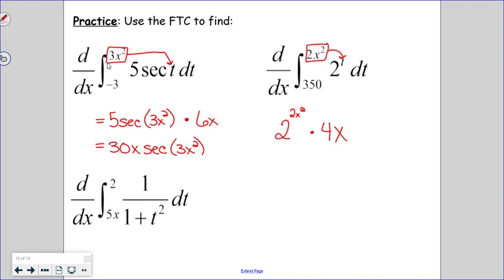Last one, again, I would look at what's inside of here. I need to switch my bounds because the number's on the top, and to do that, we would make it negative.